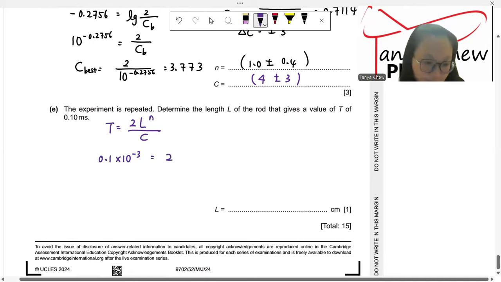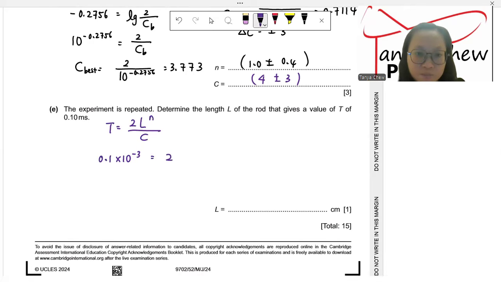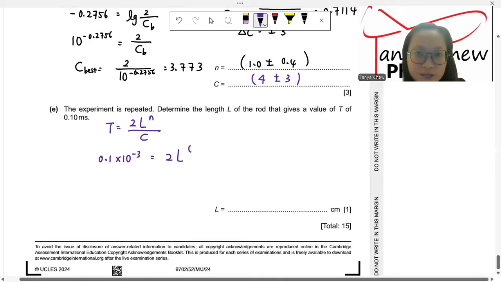I need to determine the length, and N is just 1 here because they didn't ask me to include any absolute uncertainty. And I got C as 4.